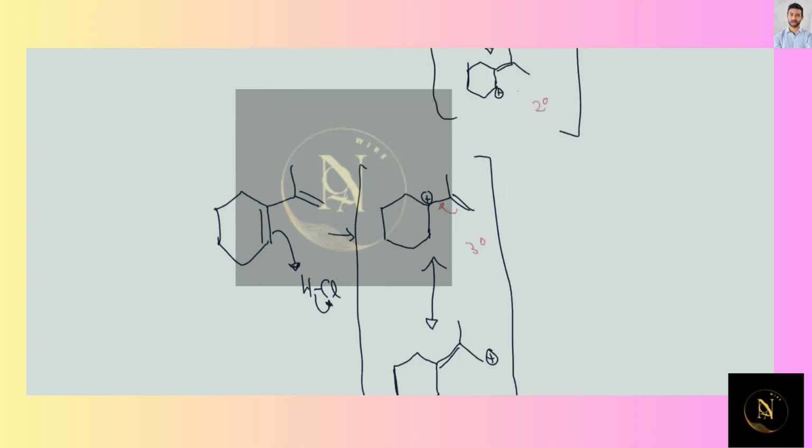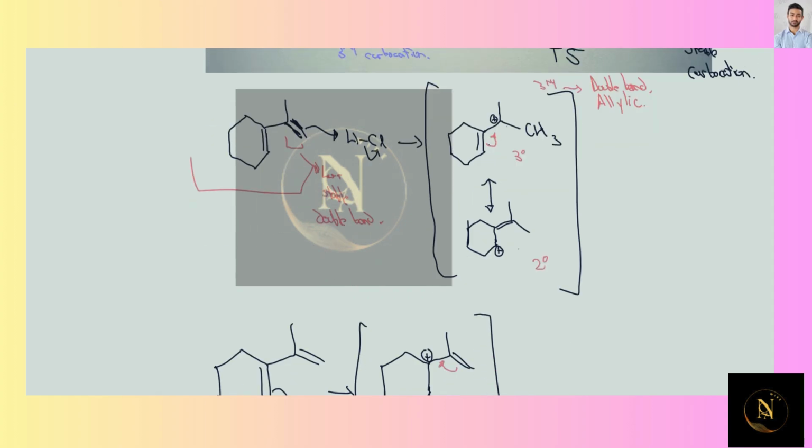And taking into account also the fact that this is going to be a less stable double bond, this is going to be enough reasoning to consider the first attack to be the main route in this scenario.